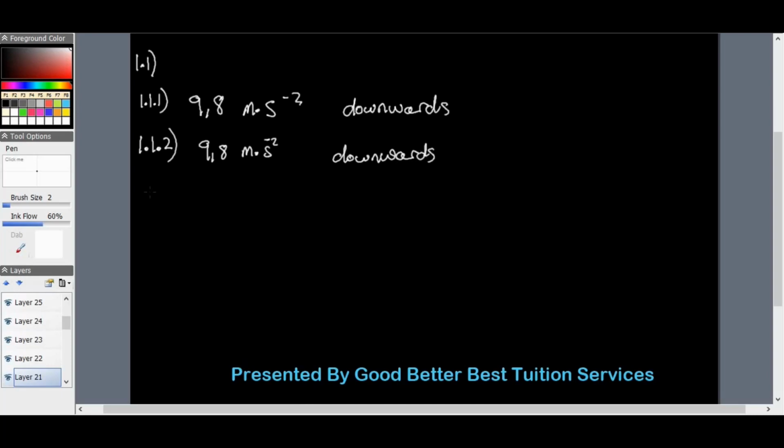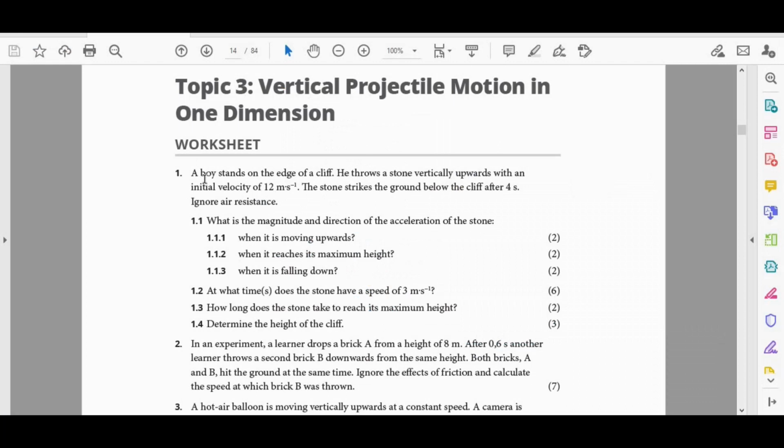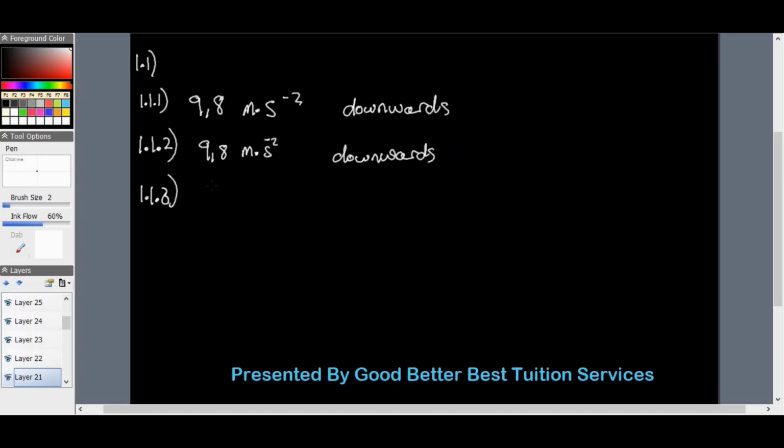Doesn't change. 1.1.3, when it is falling down, obviously now it makes even more sense. 9.8 meters per second squared downwards. Always. Gravity is always going down. Right? That should have been your answers for 1.1 all the way through to 1.3. 9.8 meters per second squared downwards.